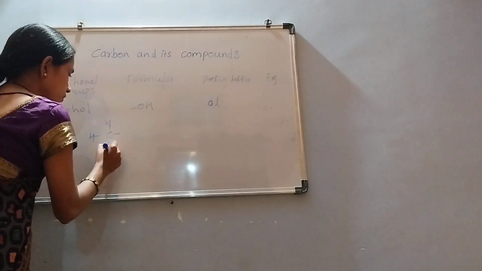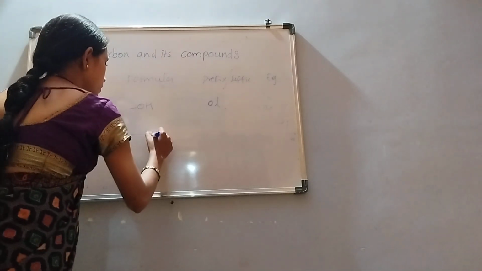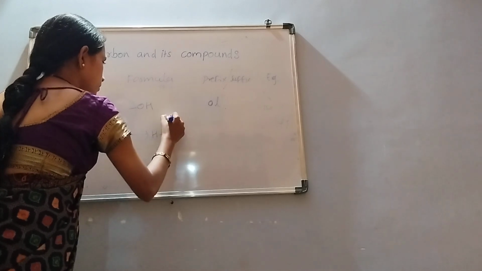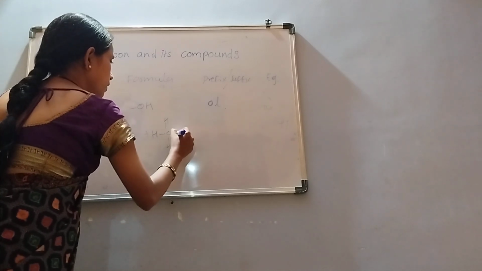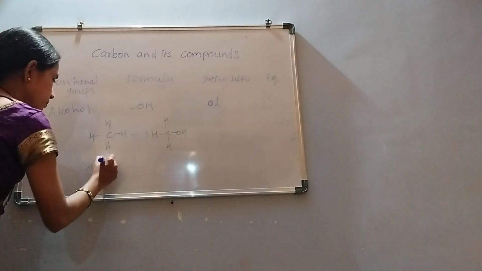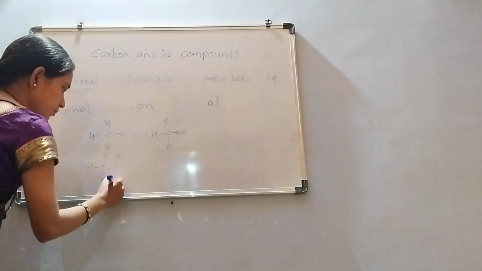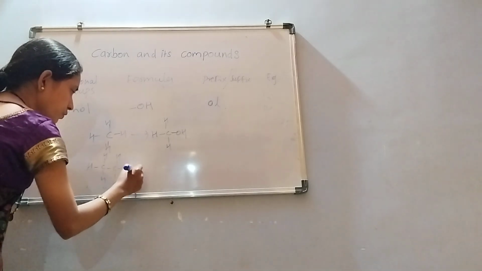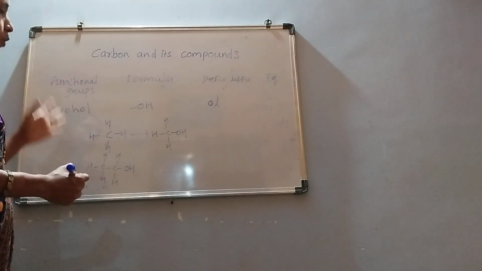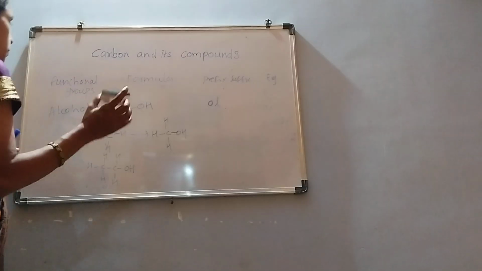In methane, one hydrogen is replaced with OH, then we call it methanol. In ethane, if a hydrogen is replaced with OH, then we call it ethanol. Methanol, ethanol, propanol, butanol, we write like this by using the alcohol functional group.